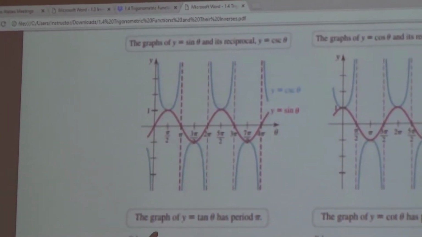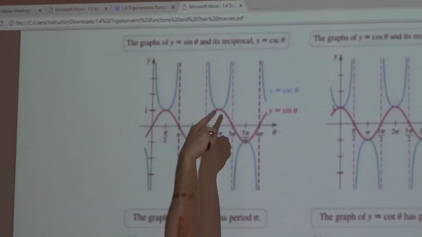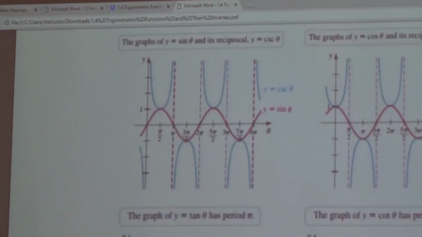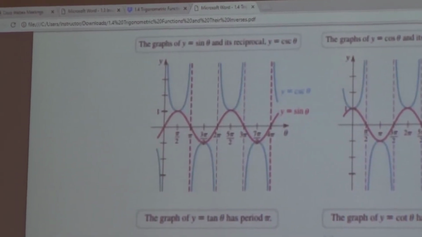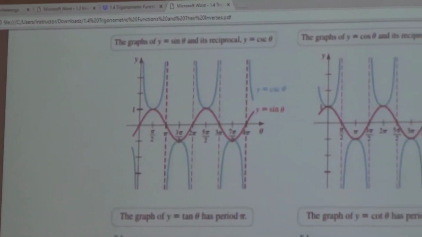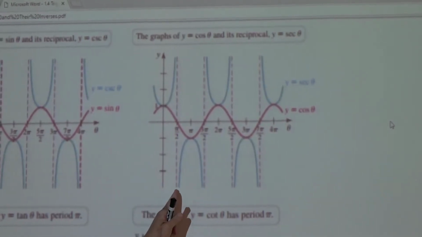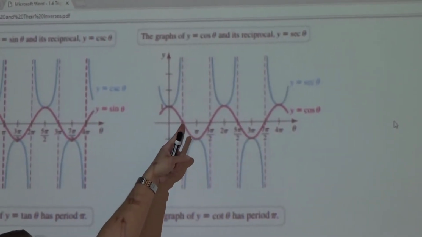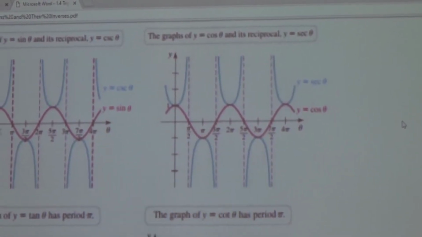Then the cosecant graph would just be these little bowl type graphs all the way through. So you can get that from the sine graph, okay? For cosine, same thing. Cosine is the red one. Secant, you're going to have vertical asymptotes wherever it crosses the x-axis. And again, you have the little bowls that go through there as well, okay?